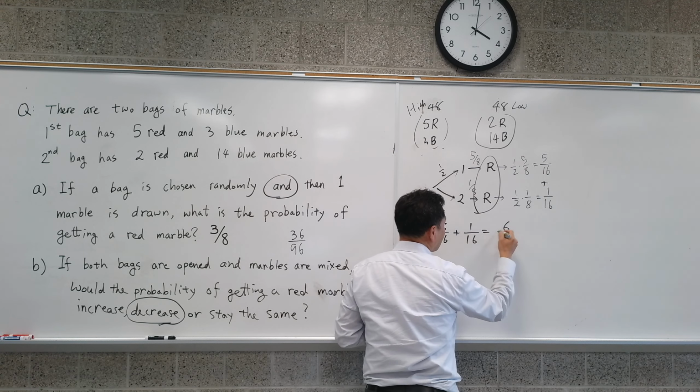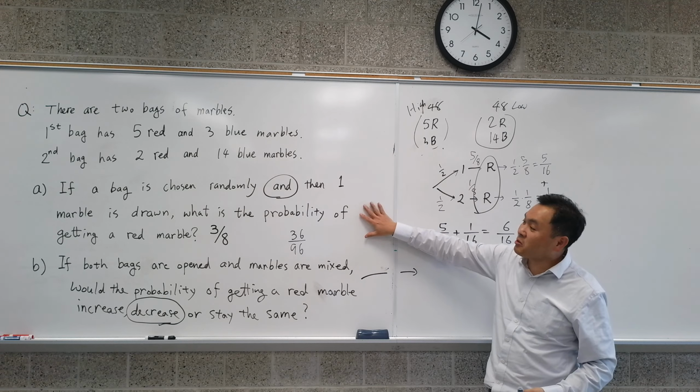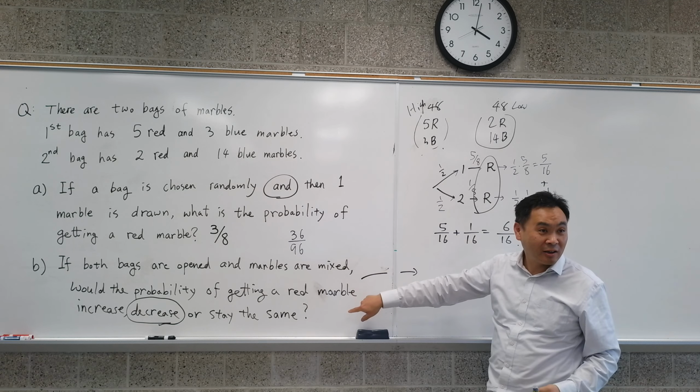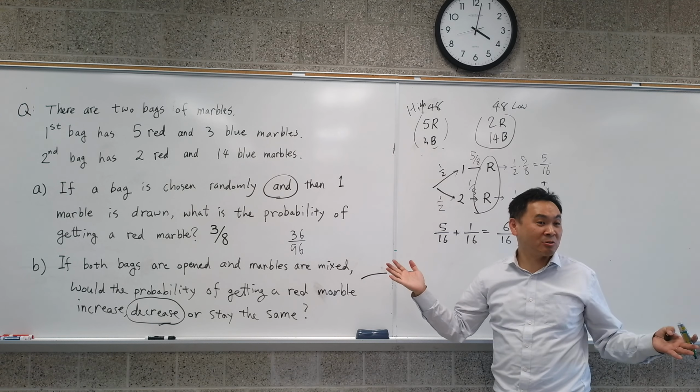Okay, on the other hand, this one is exactly what it says. You're mixed, so there are no two different cases of bags. There are just 24 marbles out there, and 7 of them are red. So it's actually simpler. This is just really basic math. If anyone was given this question without part A, nobody would hesitate at all.